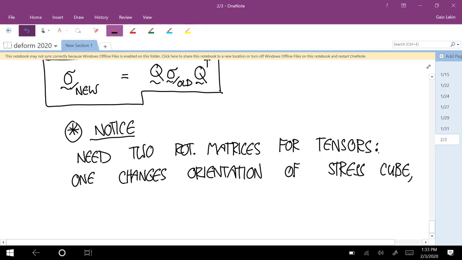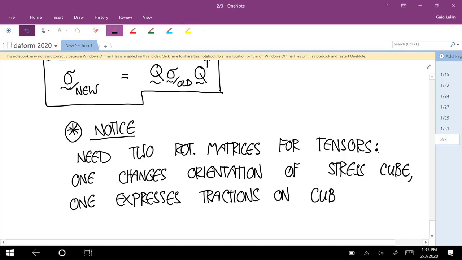And then the other one expresses the tractions on the cube faces in the new coordinate system.